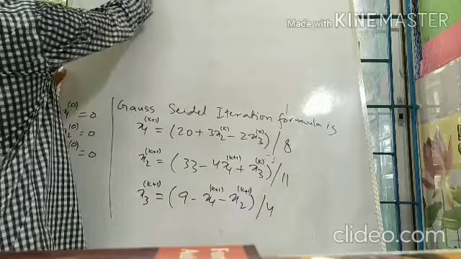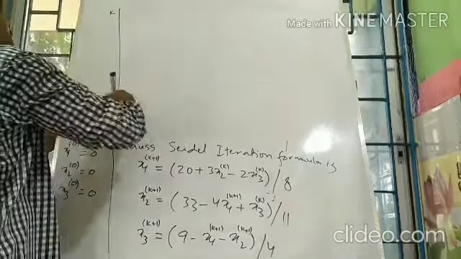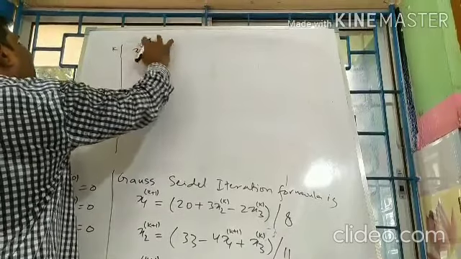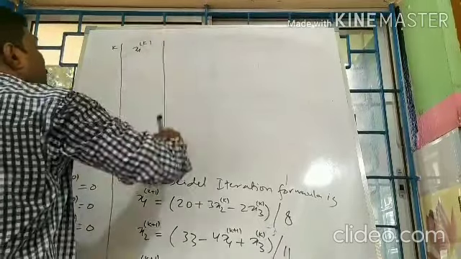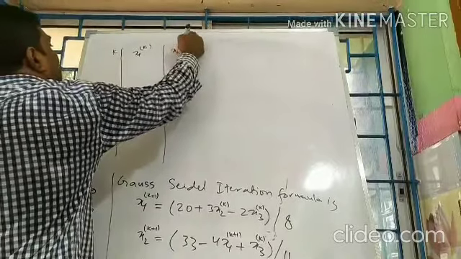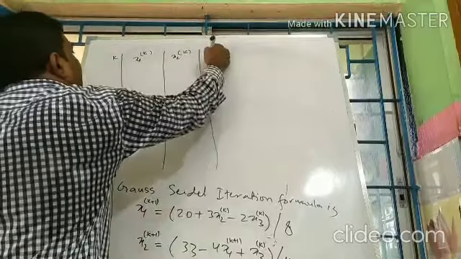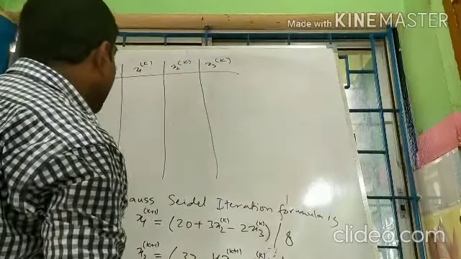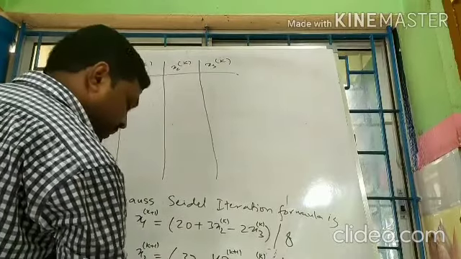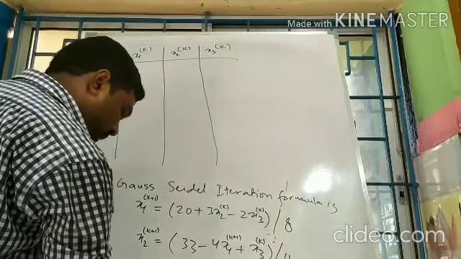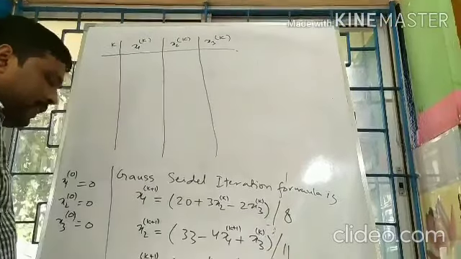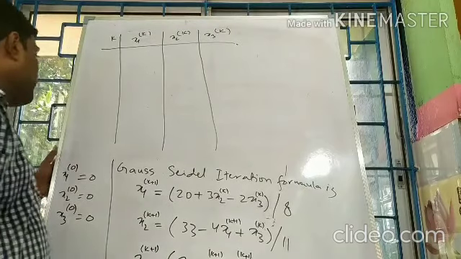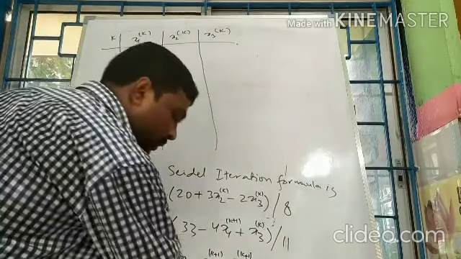Then you have to create the computational table with columns k, x1, x2 and x3. For the stopping criterion, when two consecutive iterative values of x1, x2 and x3 are equal up to the desired degree of accuracy, that is, correct up to 3 decimal places or 3 significant figures, then you can stop.